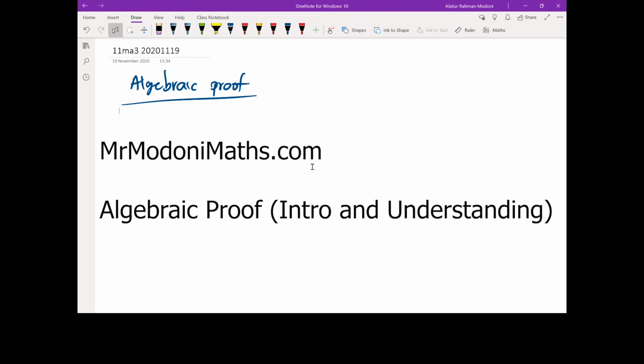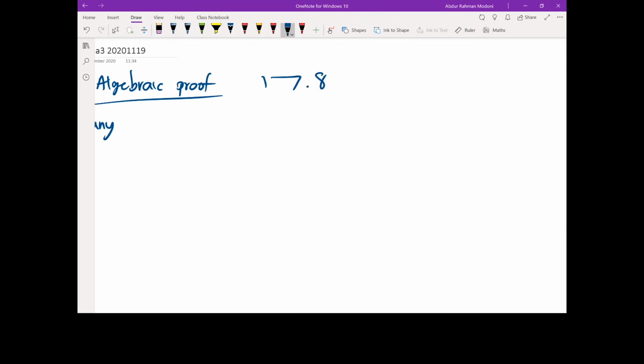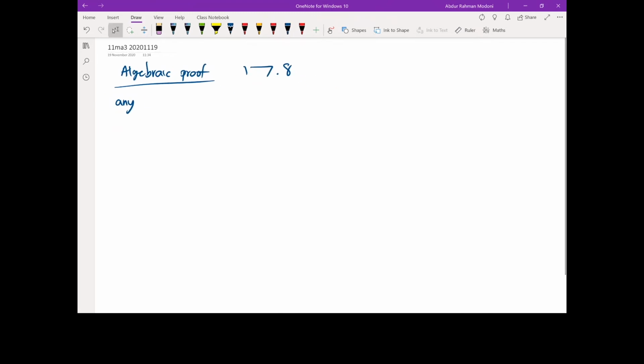First thing we're going to write down is some expressions for common terms. Okay, we're going to start off with any number. 17.8 algebraic proof. Any number could be represented by a letter.